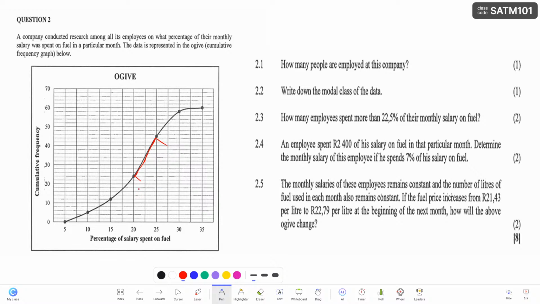To interpret this, you just need to take the value here and the value here. So you're going to say it's from 20 less than or equal to x, less than or equal to 25. This is our modal class of the data.